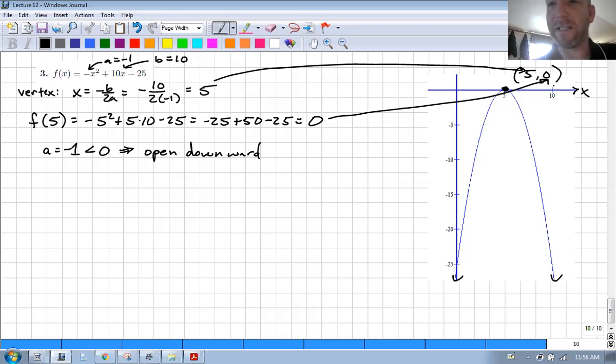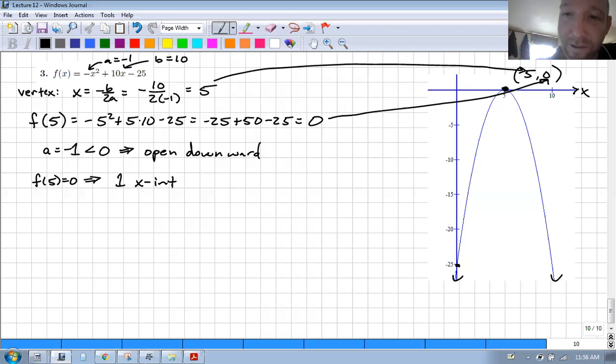All right, but because the vertex lies on the x-axis, since f of 5 is 0, we're on the x-axis, therefore we only have one x-intercept. Only this one right on the vertex, okay.